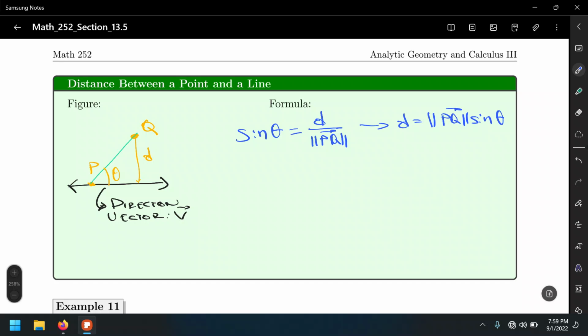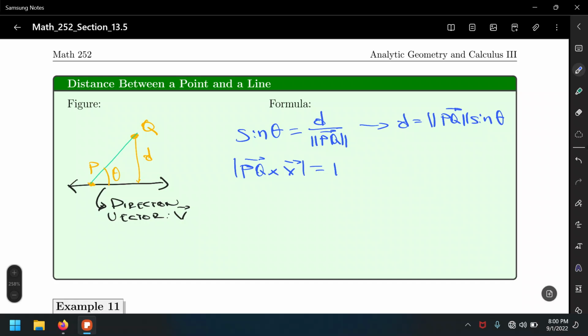The other version, which involves the cross product, is again the product of those magnitudes, but in this case times sine of the angle, not cosine. So this is the definition: the magnitude of the cross product between PQ and that vector V.